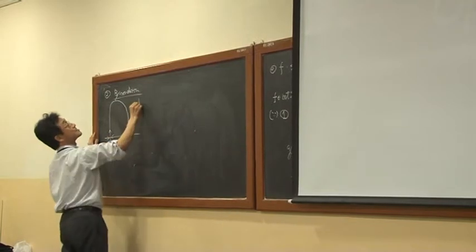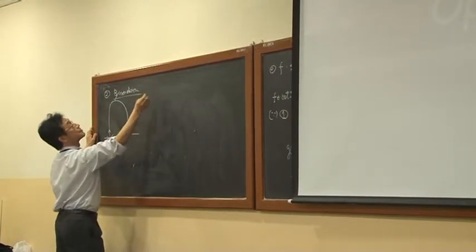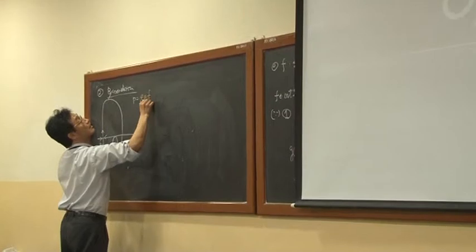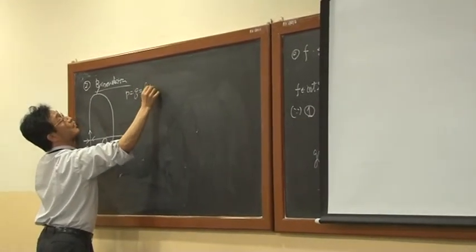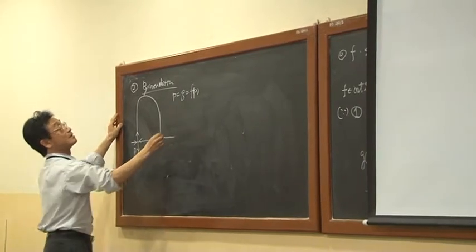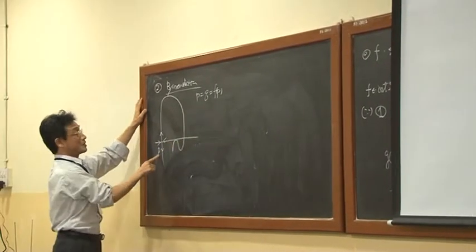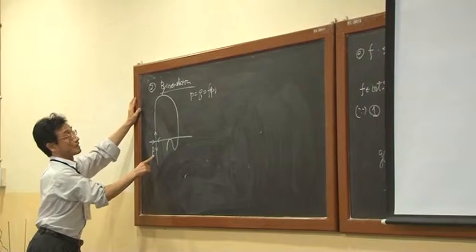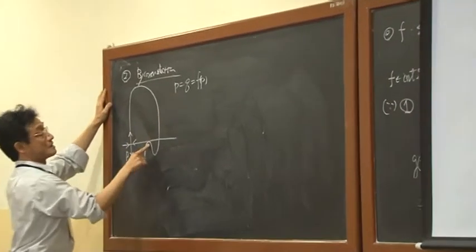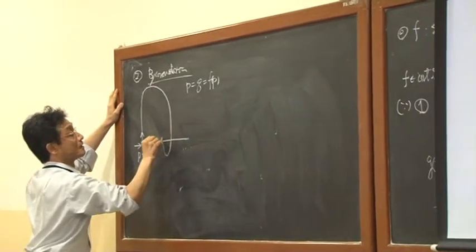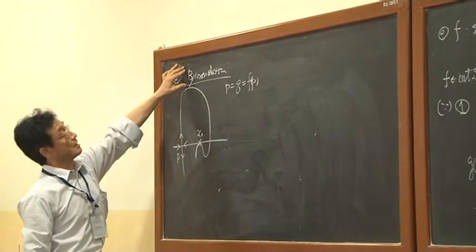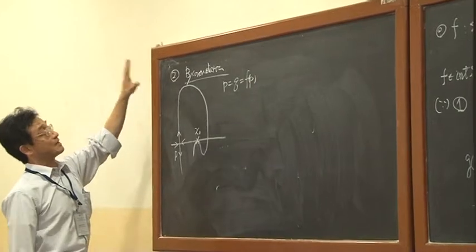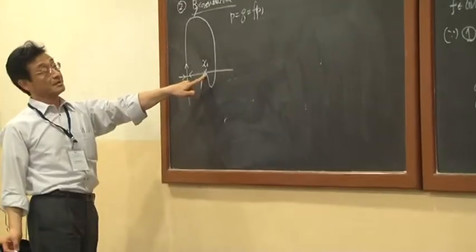We have P and Q, which are fixed points, and periodic points are of course hyperbolic. By contradiction, we assume that there exists a tangency point here.